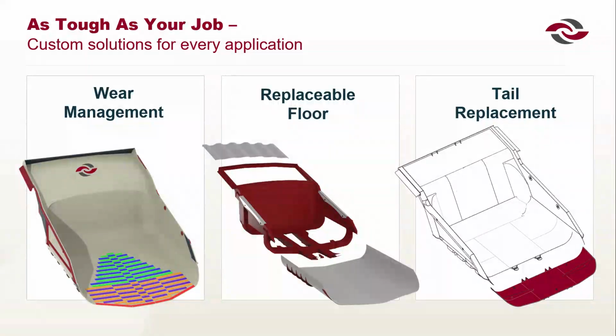Rather than rebuilding the whole tray, we can swap the rear segment quickly. This gets the truck back into operation faster. These approaches show why we say our trays are as tough as your job, because they are built not just to survive mining, but to thrive in it.